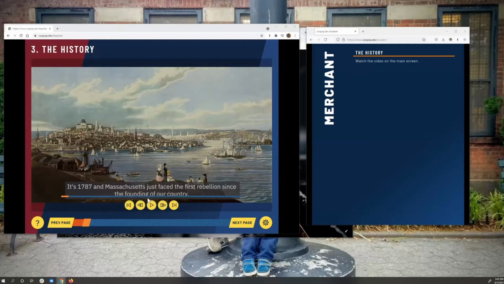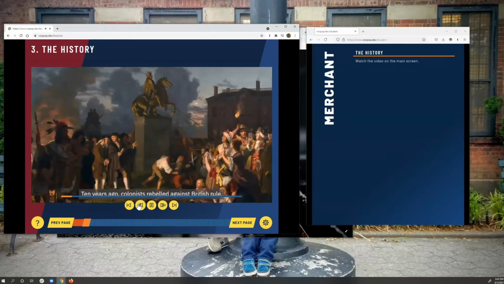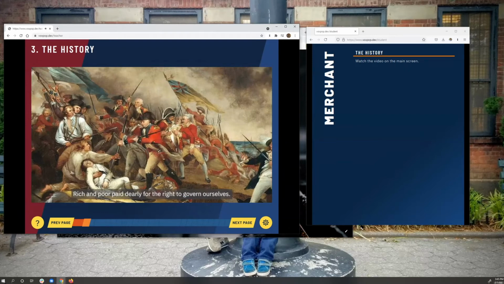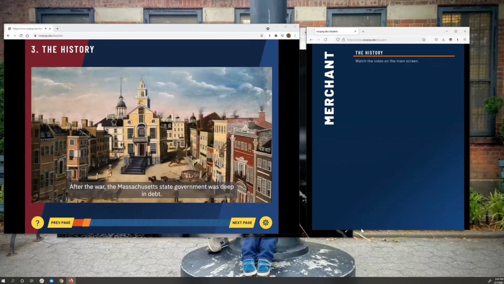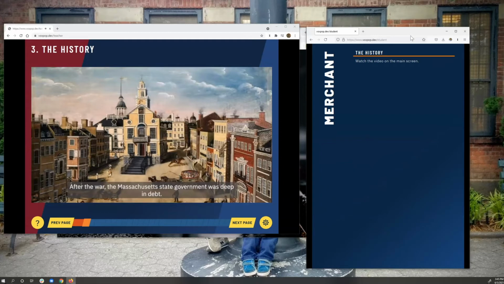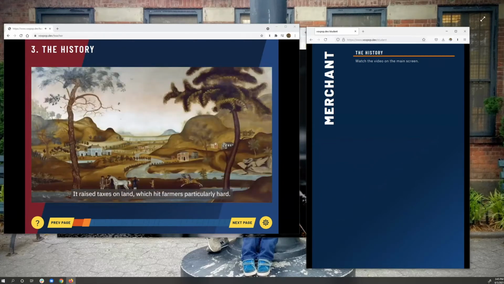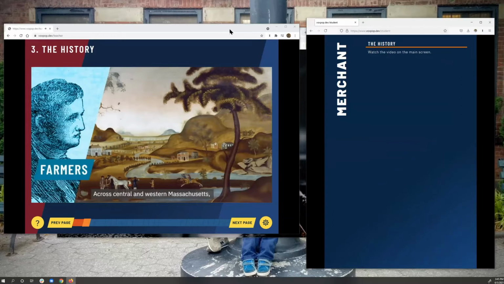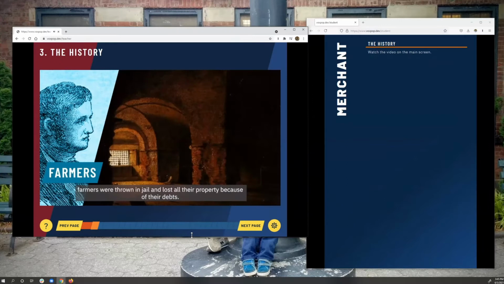The founding of our country. Ten years ago, colonists rebelled against British rule. Rich and poor paid dearly for the right to govern ourselves. After the war, Massachusetts was deep in debt. It raised taxes on land, which hit farmers hard. Across central and western Massachusetts, farmers were thrown in jail and lost all their property because of their debts.